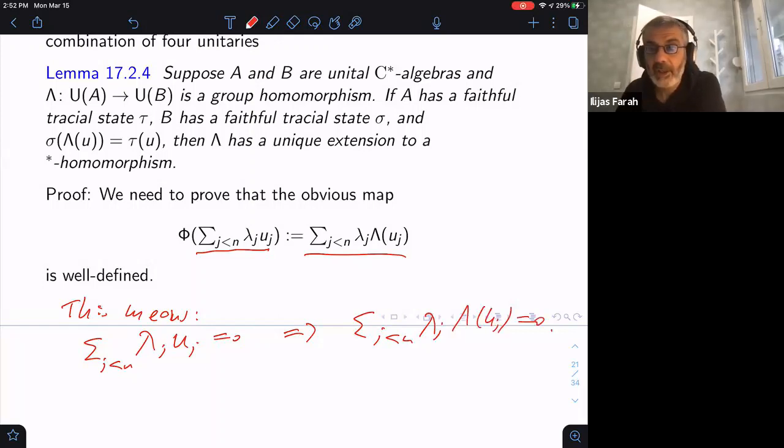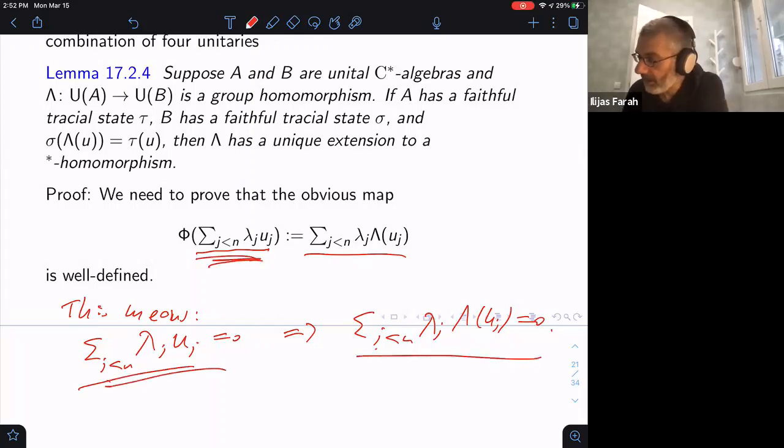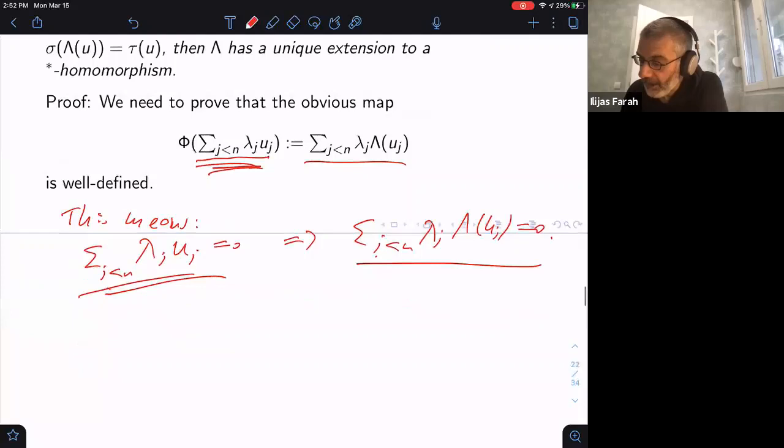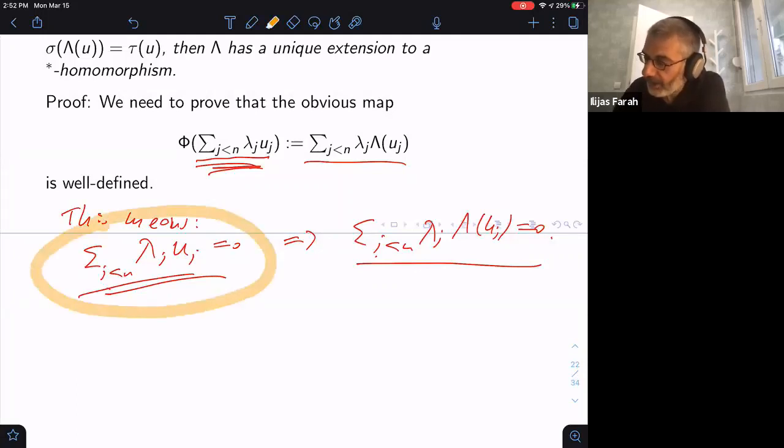Right, so if we check this, then even though this is not a unique representation, it will be unique up to adding or subtracting something of this form. But then to the right hand side, you can add or subtract the same thing, and there is no difference. Now, how do we check this? Well, what does this mean?